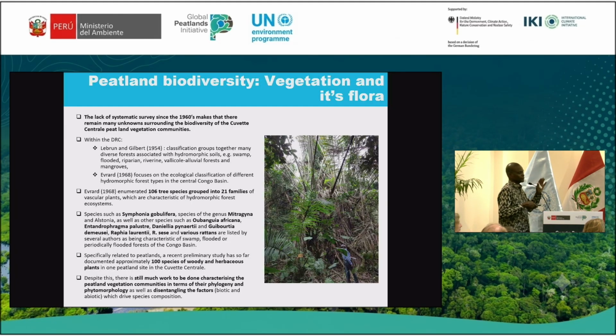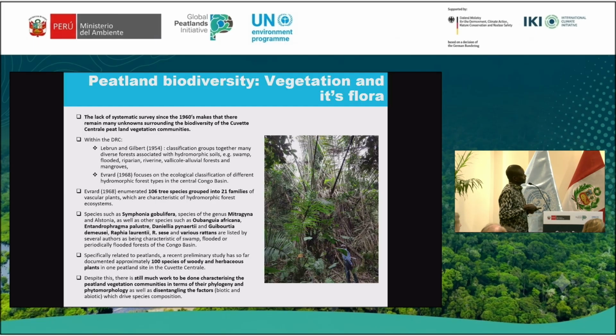Those are the only two seminal works we know about for both countries, the Republic of Congo and the Democratic Republic of Congo. So there was no deep analysis or survey of vegetation in that area because it's very difficult to access and very large. People didn't much want to spend time on it.